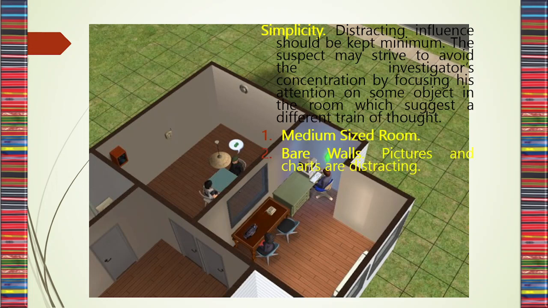So the room is a medium-sized room and it should have bare walls, meaning walls without much design. Pictures and charts are distracting. So, only bare walls, nothing else to distract, nothing hanging.